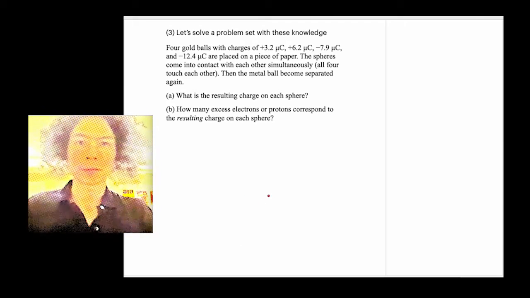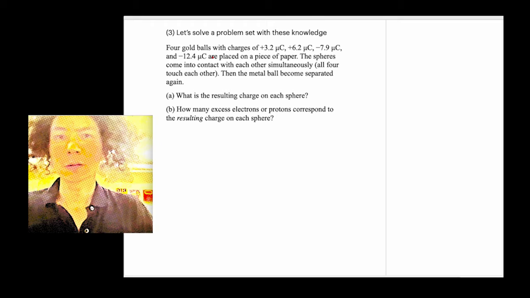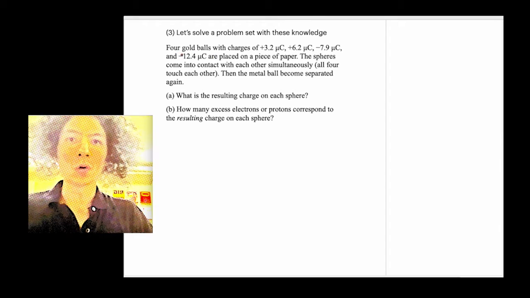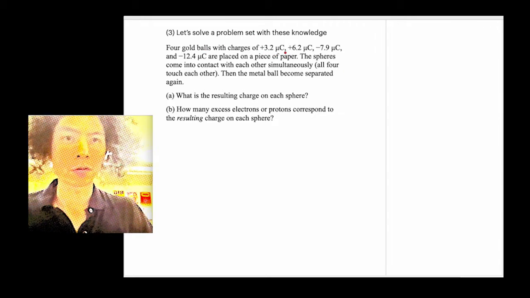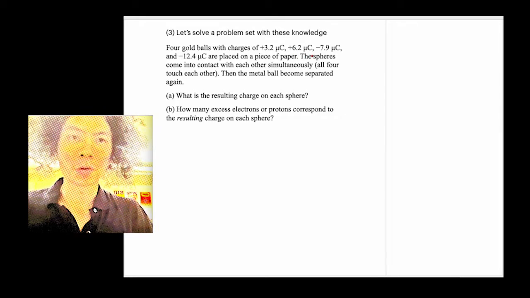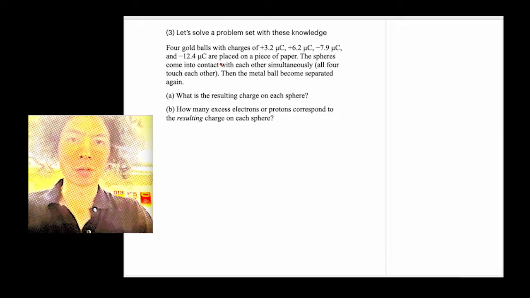There are actually two problems. Let's read it. The 4 gold balls with charges of 3.2 microcoulomb, 6.2 microcoulomb, negative 7.9 microcoulomb, and negative 12.4 microcoulomb are placed on a piece of paper. The spheres came into contact.